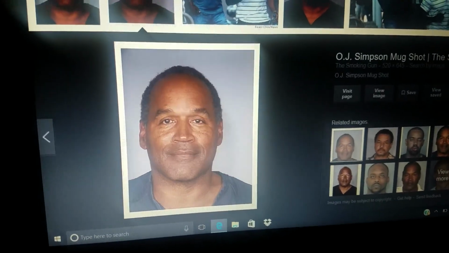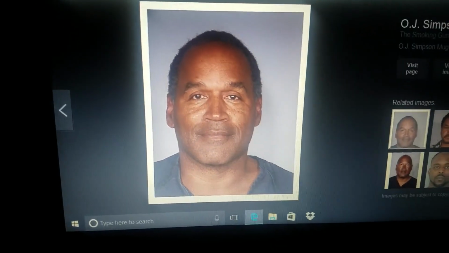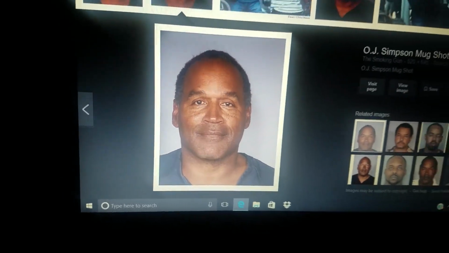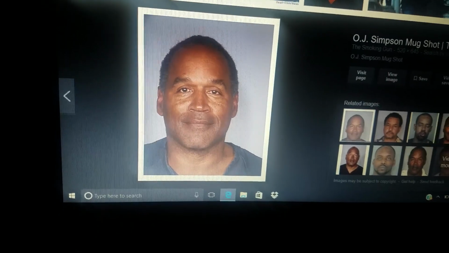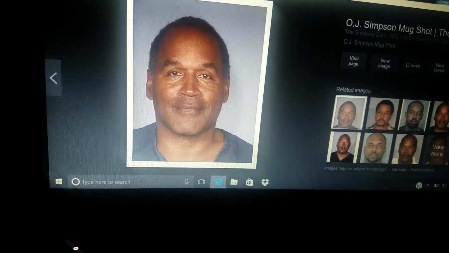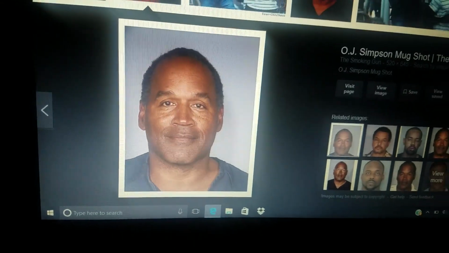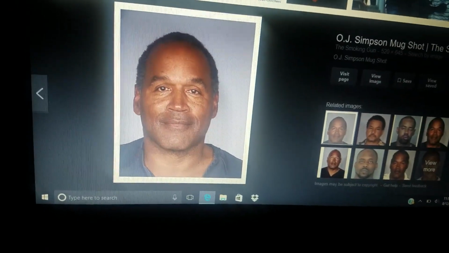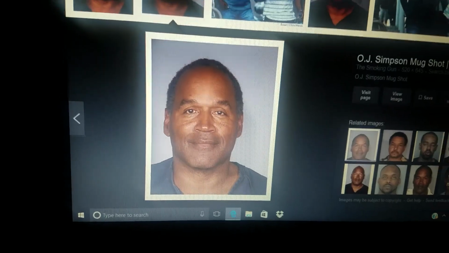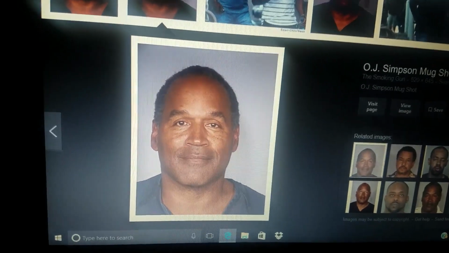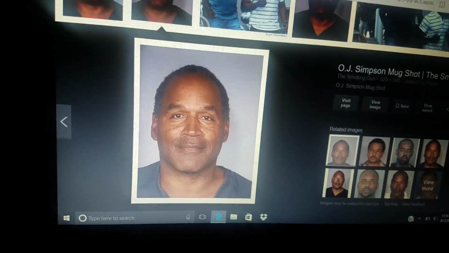Also, when he was incarcerated for the first time, he was sentenced to a 33-year sentence. 33 is a tribute to the Freemasons. He was fined $33 million. Are you kidding me? $33 million, Freemasonic tribute.